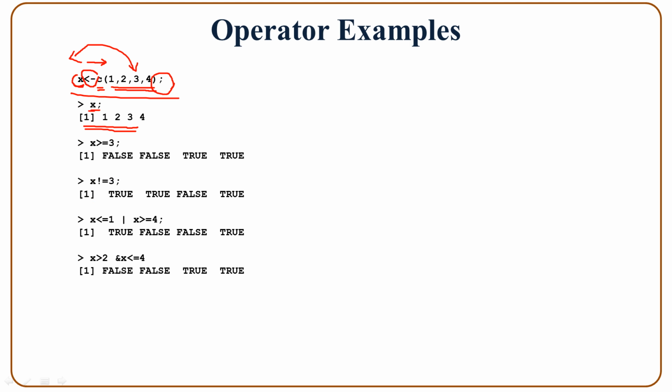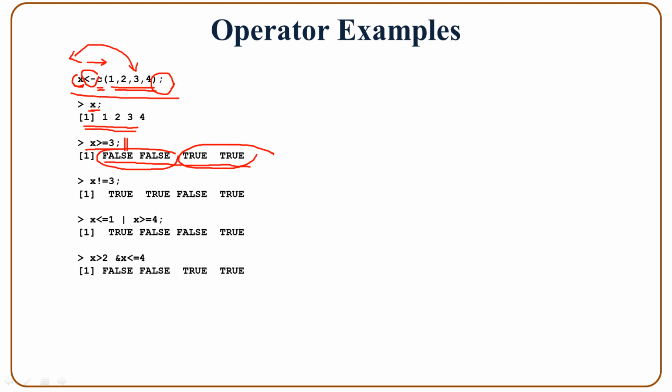Okay, if you write X greater than or equal to 3, then when it runs, this returns a vector of false and true values, and you see false where the elements actually do not meet the condition, and true otherwise.